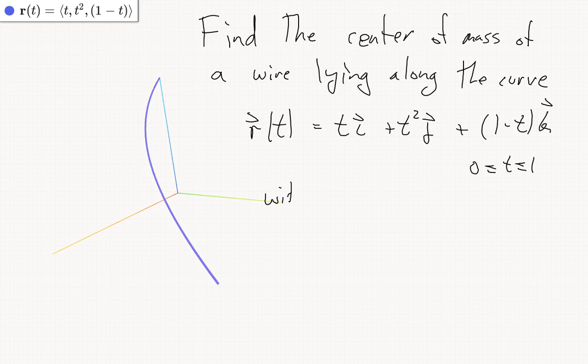So that's pictured here, with density delta of t is root 2t squared plus 1.